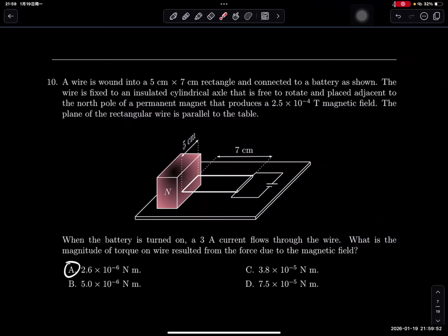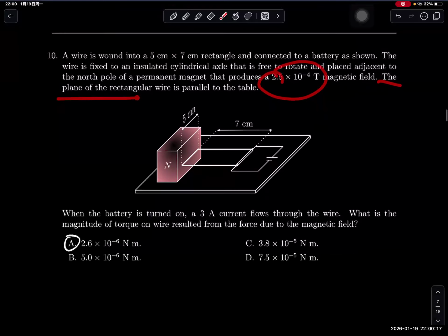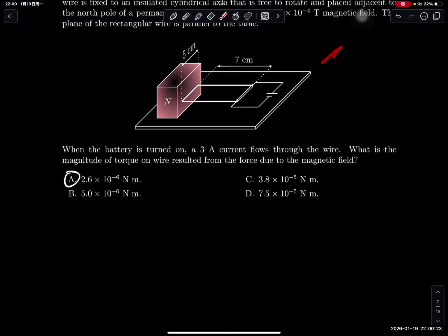Question 10. A wire is wound into a 5 centimeter by 7 centimeter rectangle and is connected to a battery as shown. The wire is fixed to an insulated cylindrical axle so that it is free to rotate, and placed adjacent to the north pole of the magnet. So that's north, and the magnetic field goes this way. This is the field strength, and the plane of the rectangular wire is parallel to the table, just as shown here.